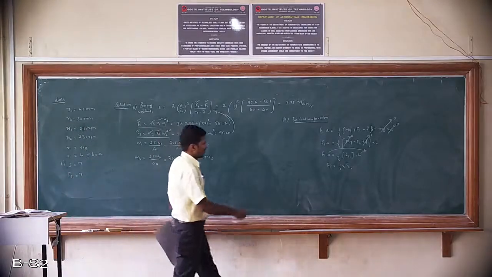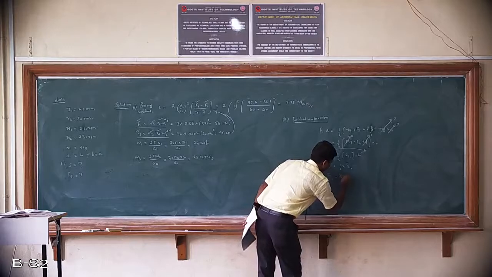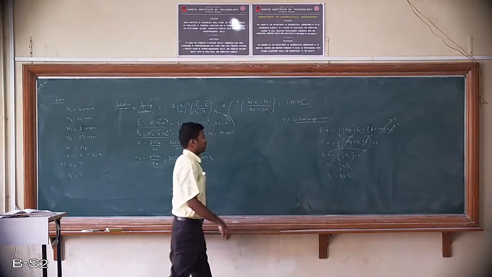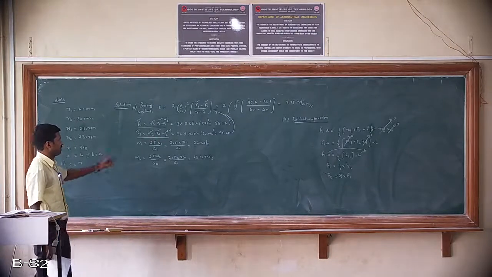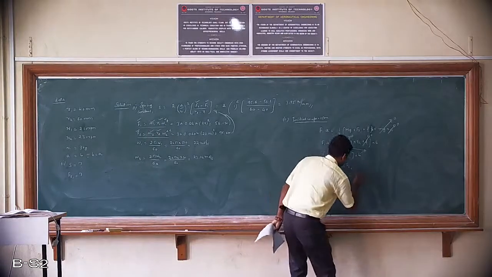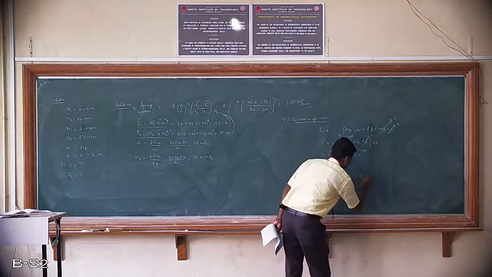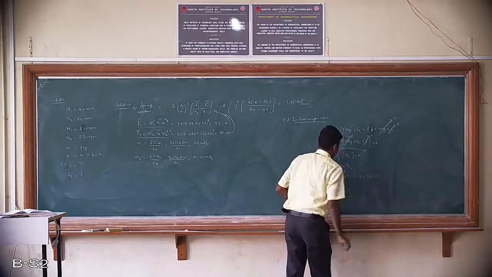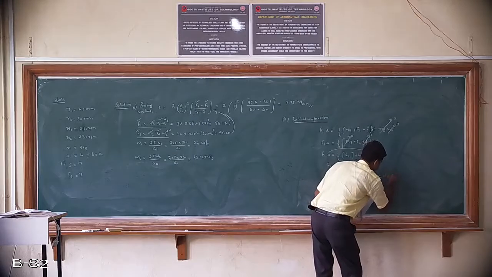So the value of Fs1 is equal to 2 into F1. I know the value of F1, so I can substitute it here. 2 into F1 is how much? It is 58.1. Multiply it with 2, and you will be remaining with 116.2 Newton.